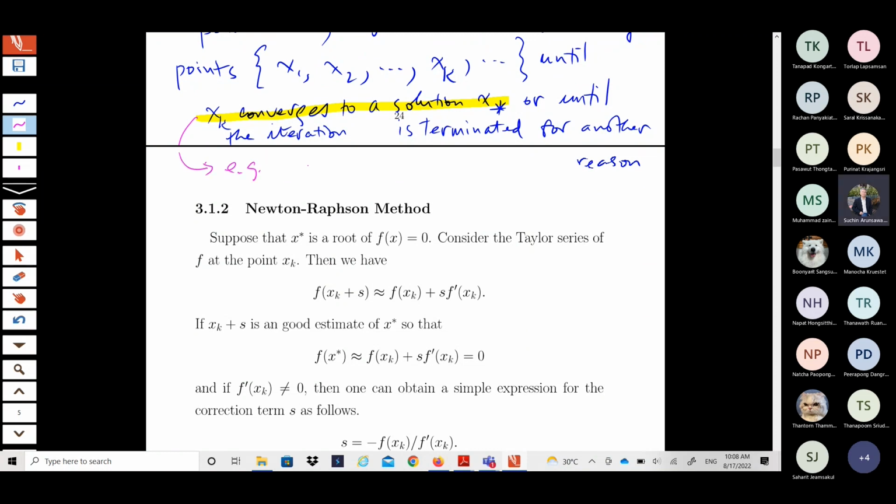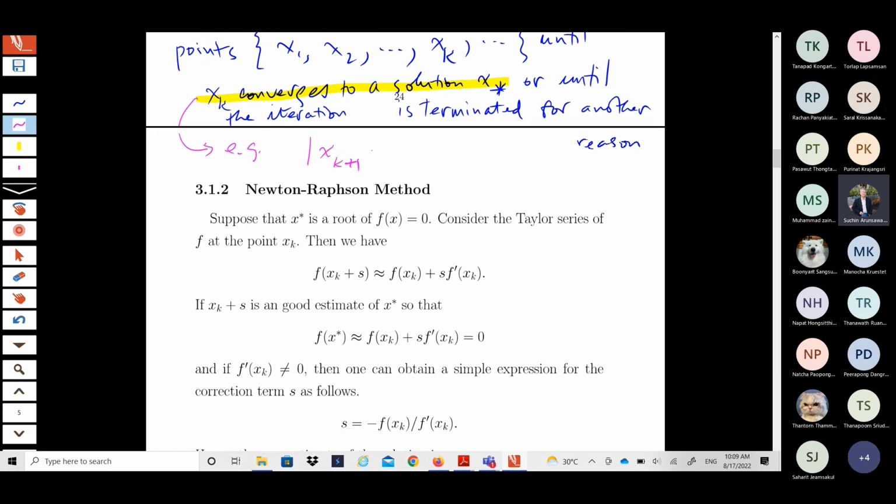For example, if xk plus 1, which is called the next iterate, minus xk is less than or equal to epsilon, where epsilon is a small number, or xk plus 1 minus xk divided by xk is less than epsilon, then we decide to stop.